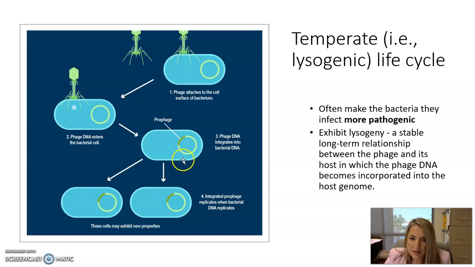So every time this bacterial cell divides and makes more bacterial cells, so this bacterium is going to divide and make 2 more, and then these 2 would eventually divide and make 4 more, etc., etc. But every time this bacterial cell divides, the DNA is going to get passed down, and that DNA is going to include the viral region.